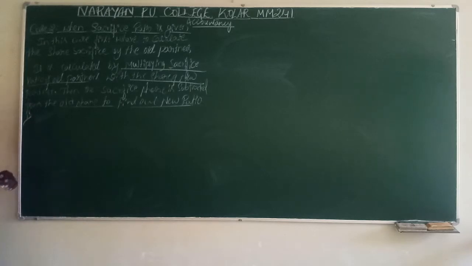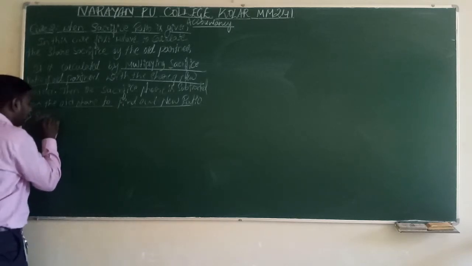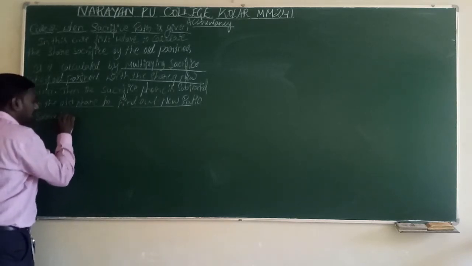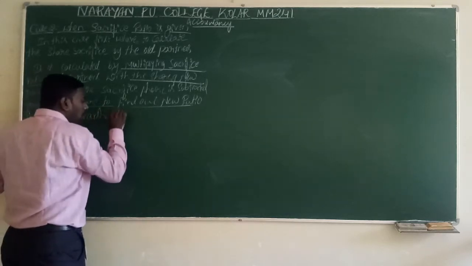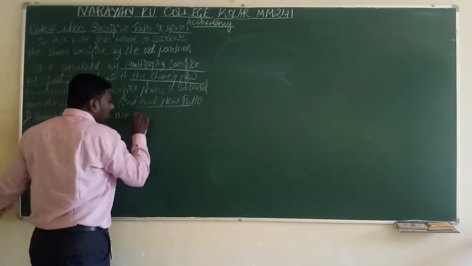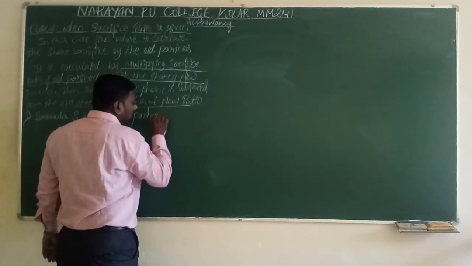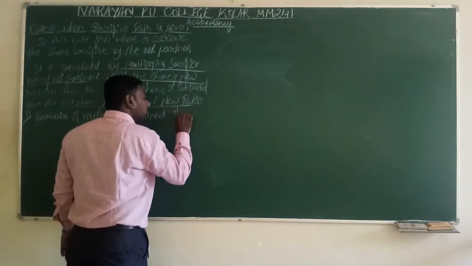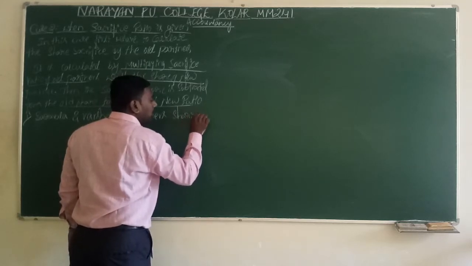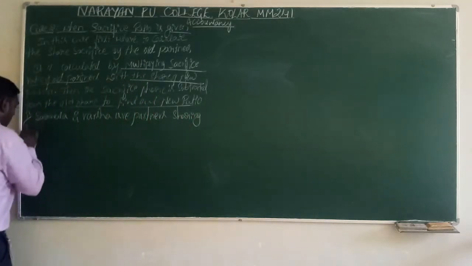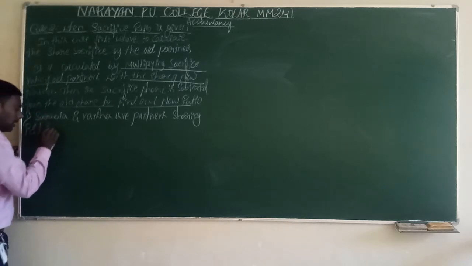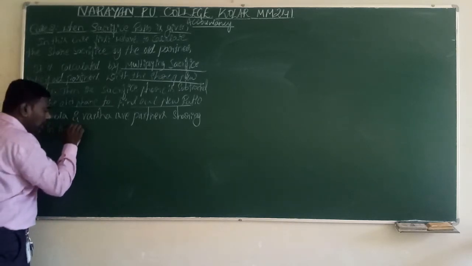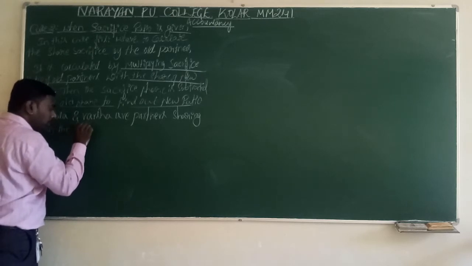Question number 1. Sarala and Varsha are partners sharing profits and losses in the ratio of 5:3.